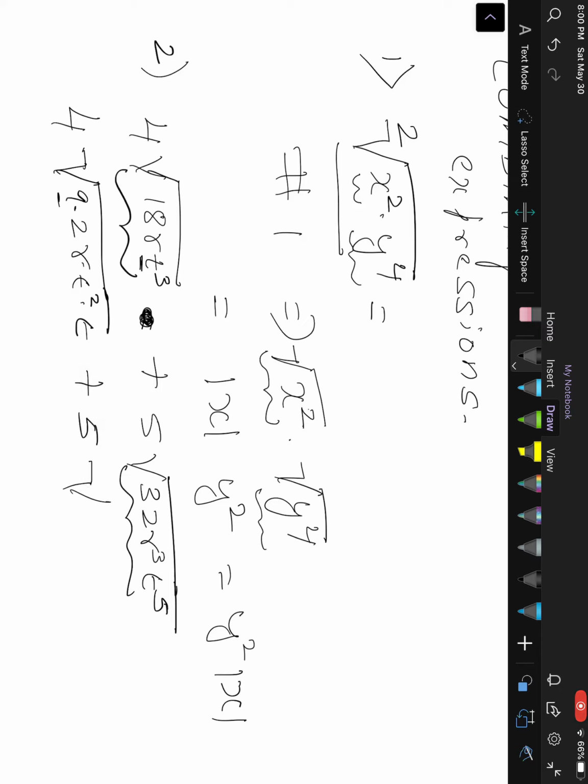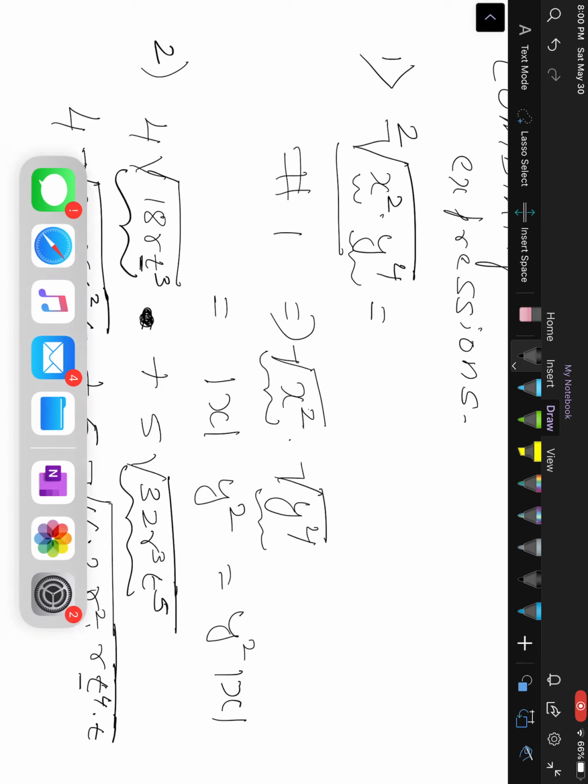Plus 5 times, here 32 has a 16 that is a perfect square and 2, and r cube has r square that is a perfect square and r, and t to the power of 5 has t to the power of 4 times t. This is a perfect square again.